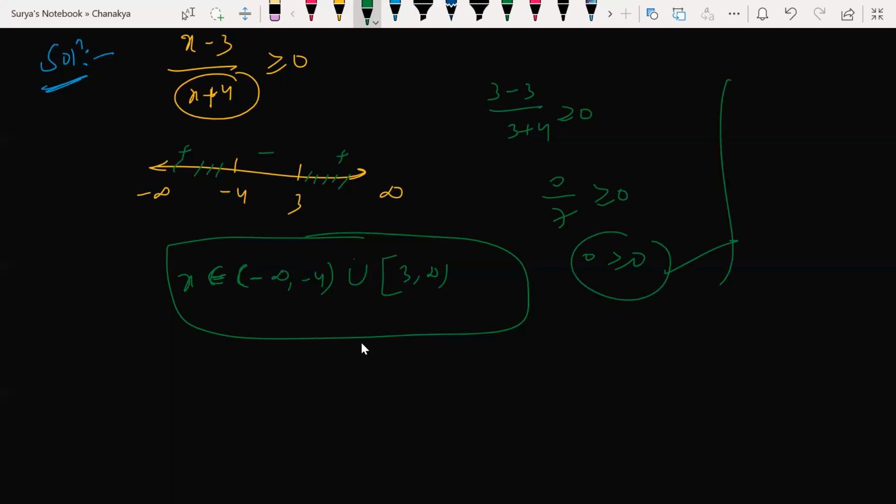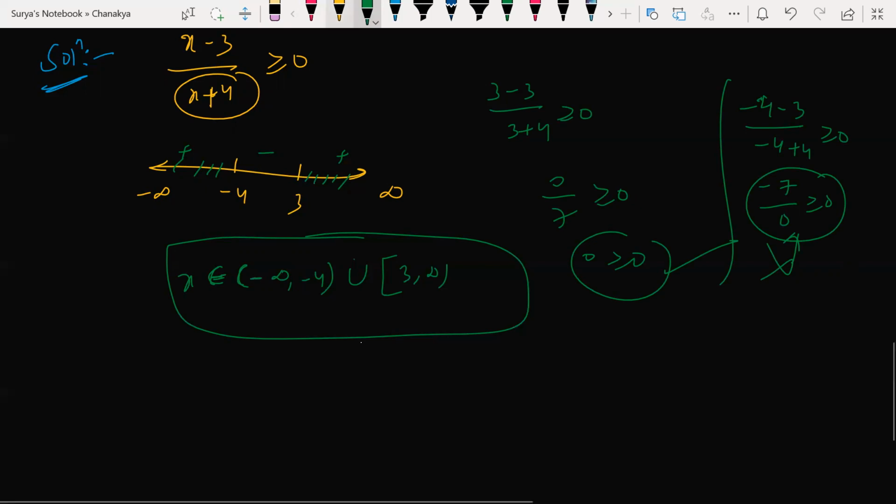But if you substitute minus 4, what happens? Minus 4 minus 3 by minus 4 plus 4 greater than or equal to 0 gives minus 7 by 0. This is undefined, not possible. Something by 0 is undefined, so the function is not defined if you include minus 4.